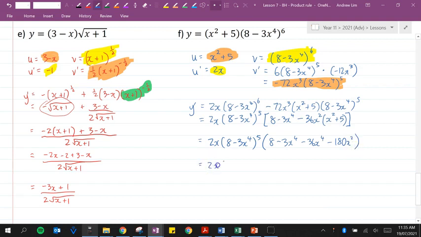Alright, so that leaves us with 2x, 8 minus 3x to the power 4 to the power 5, times, we've got 8 there, negative 39x to the power 4 minus 180x squared. And that's it. Thanks everyone.